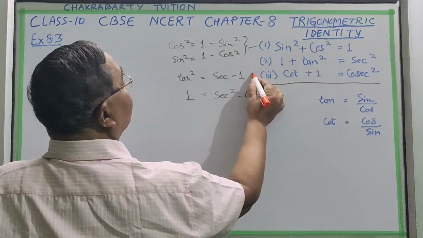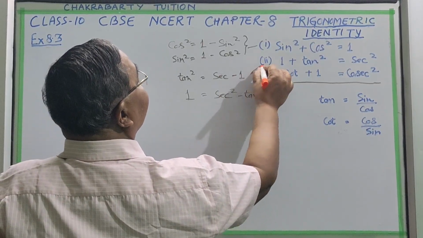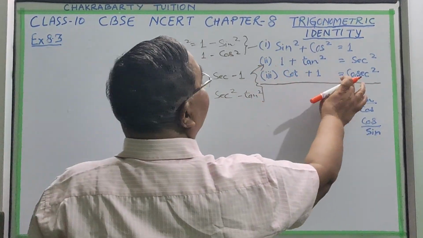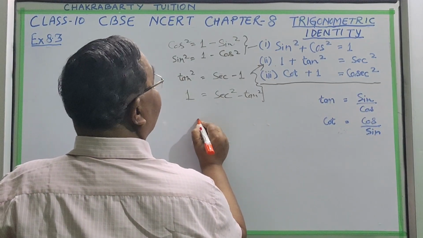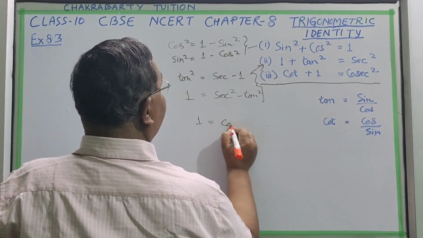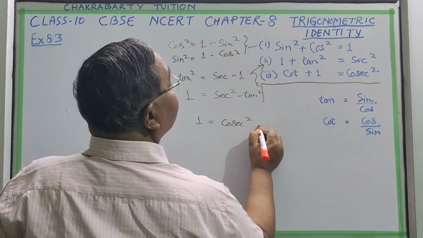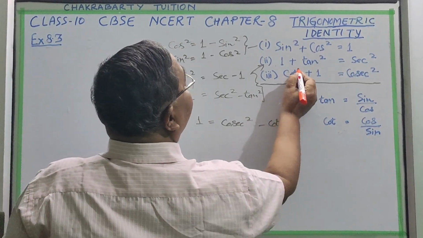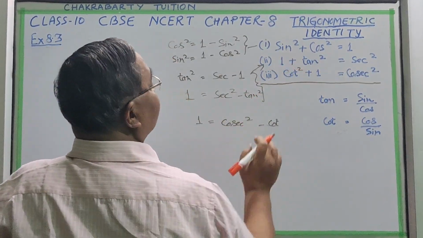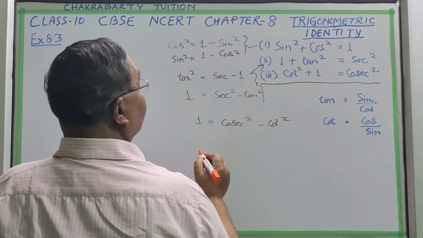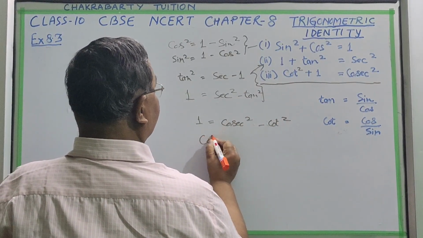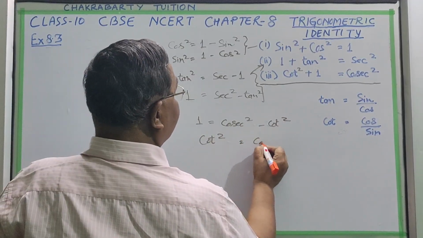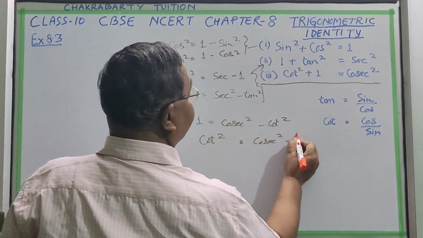Likewise here also you can make 1 equal to cosec square minus cot square, or you can make cot square is equal to cosec square minus 1.